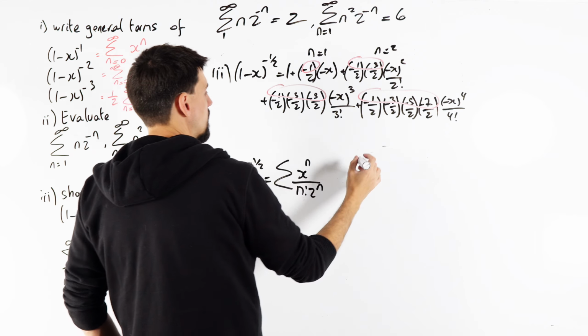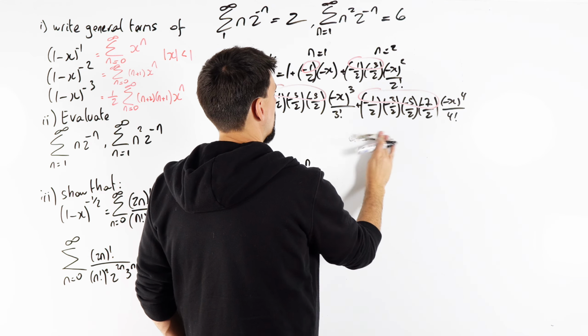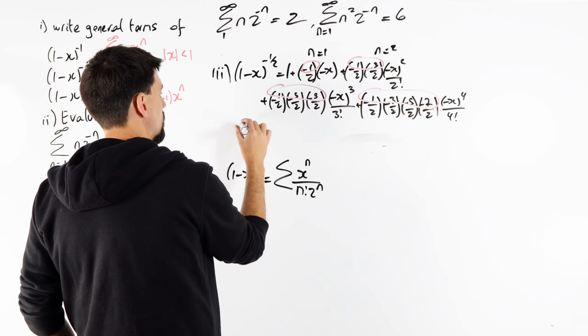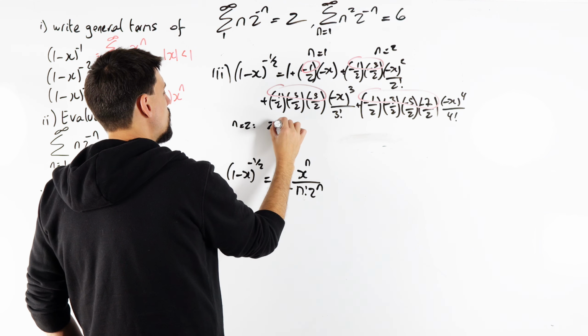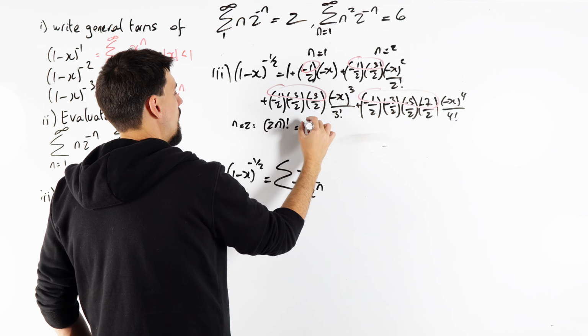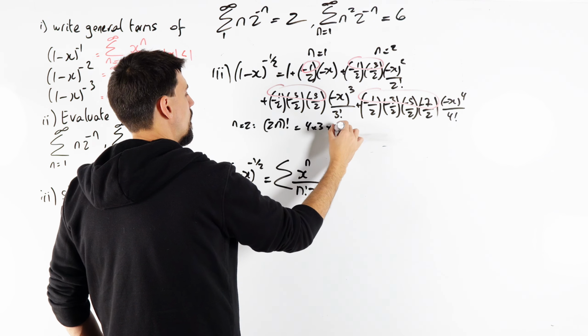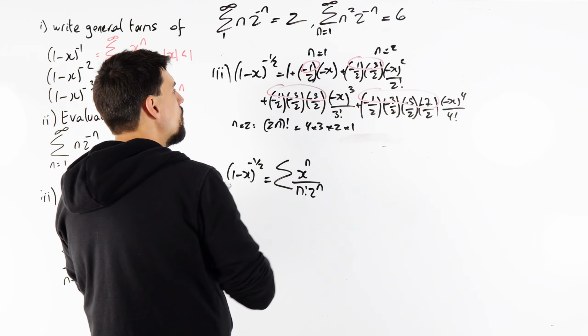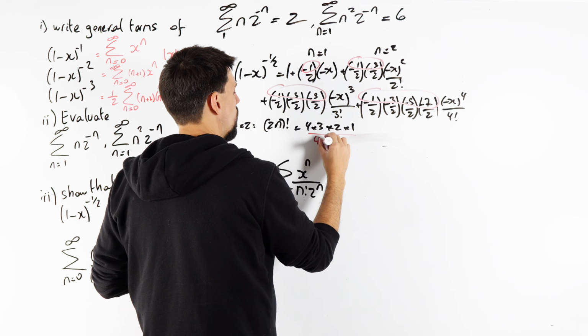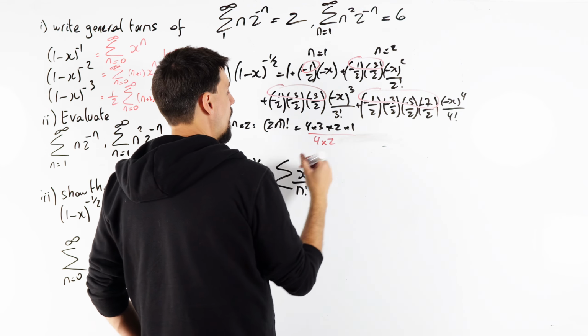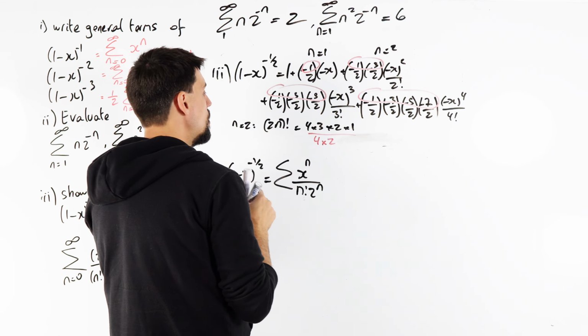Let's look at n is 2. If I do 2n factorial, that is 4 times 3 times 2 times 1. Well, I only want 3 times 1. So let's divide it by 4 times 2.